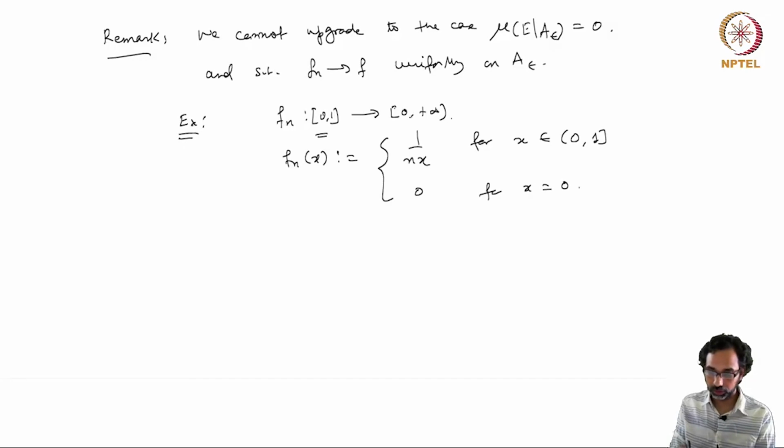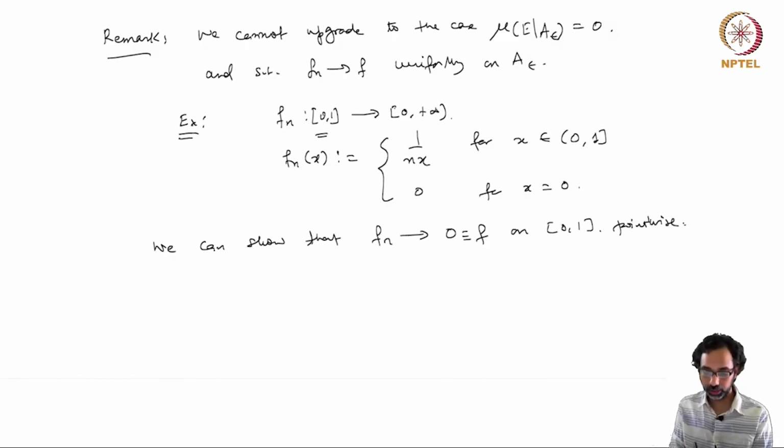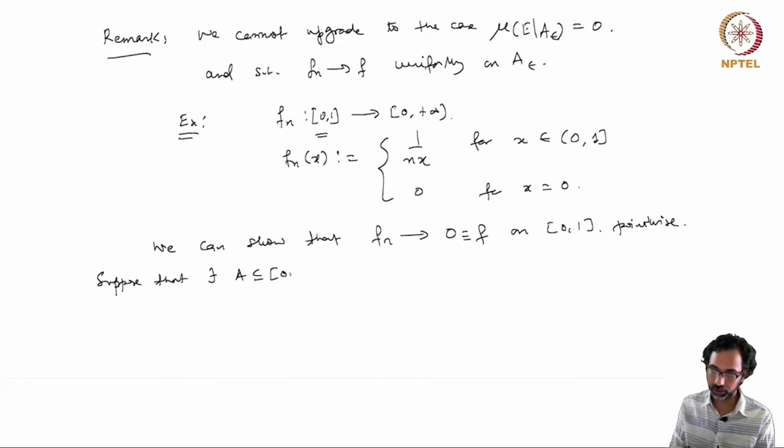So we can show that f_n converges to the 0 function on [0,1]. This is pointwise convergence. Now suppose that there exists a set A. Here there is no dependence on epsilon, so you can remove it.